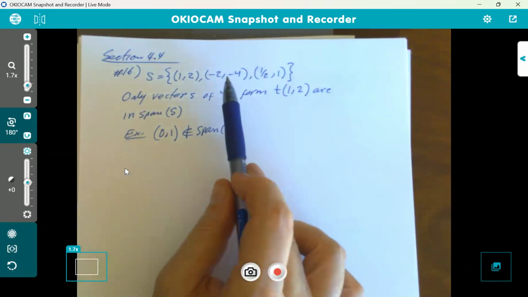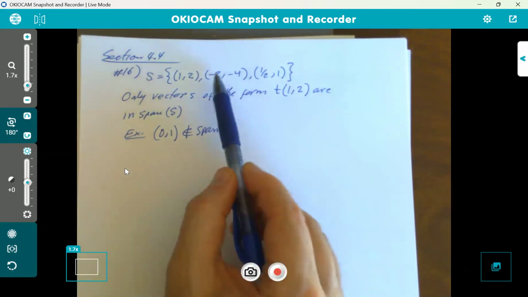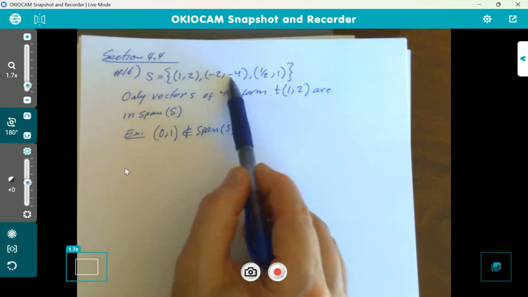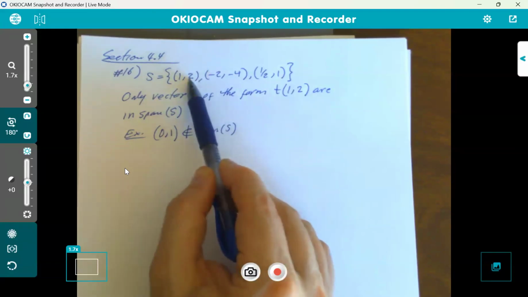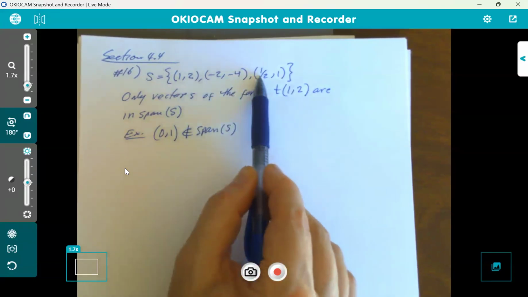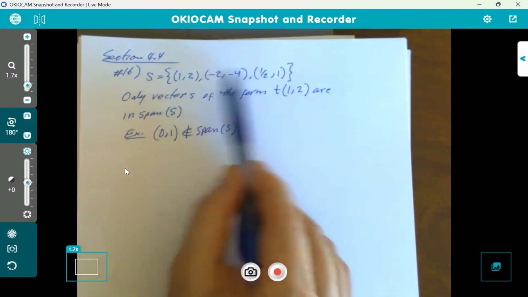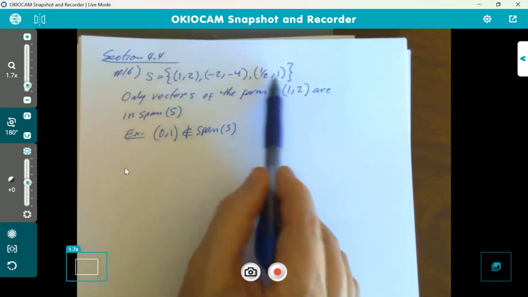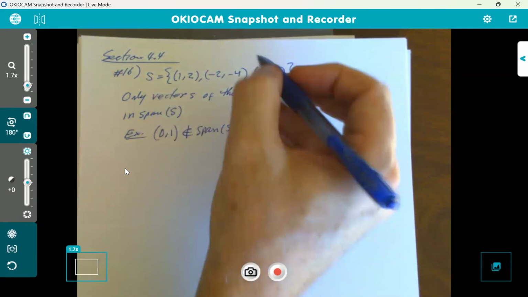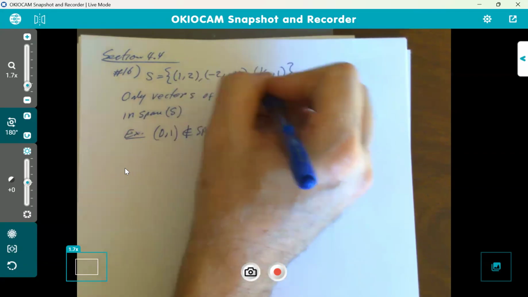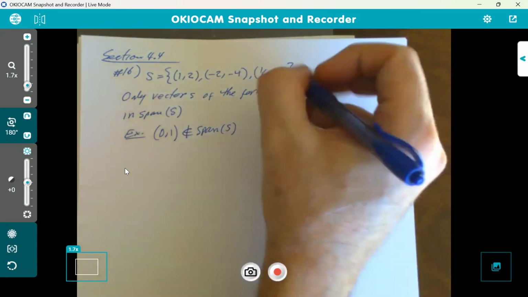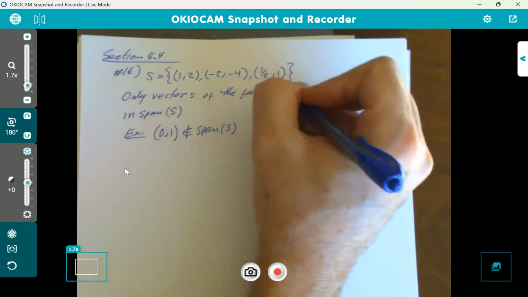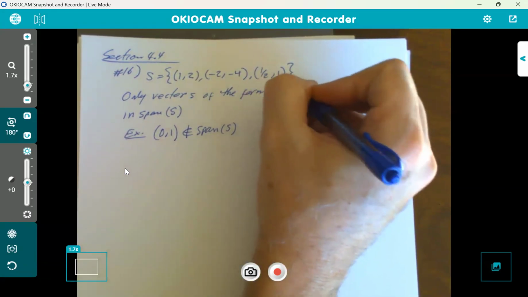Because the way the author made this problem, if you look at the second vector, isn't that negative 2 times the first one, negative 2 times the second component? This one, you divide 1 by 2, you divide 2 by 2, you get that. So these two are constant multiples of the first one. In this set, all the vectors are just a constant t multiple of (1, 2).